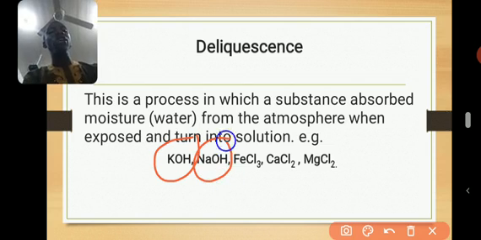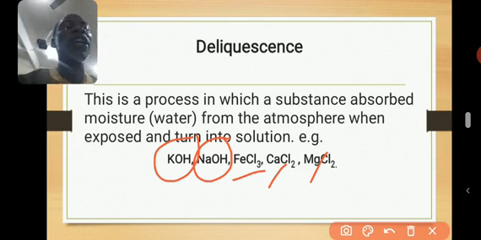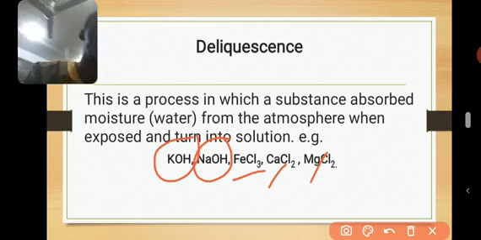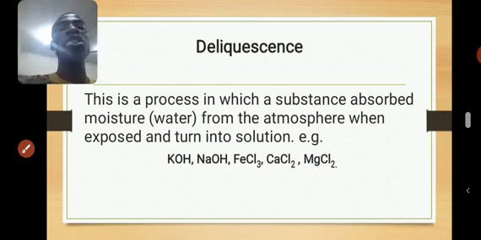NaOH is also a deliquescent substance. FeCl3 is deliquescent. CaCl2 is deliquescent. MgCl2 is deliquescent. So potassium hydroxide, sodium hydroxide, iron(III) chloride, calcium chloride, and magnesium chloride, they are deliquescent substances.